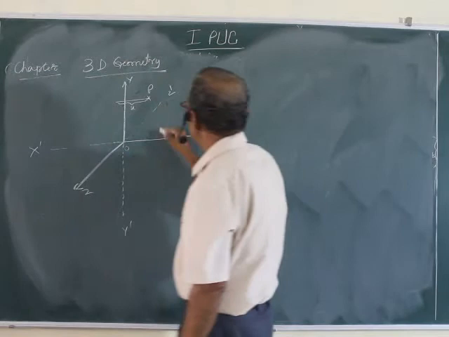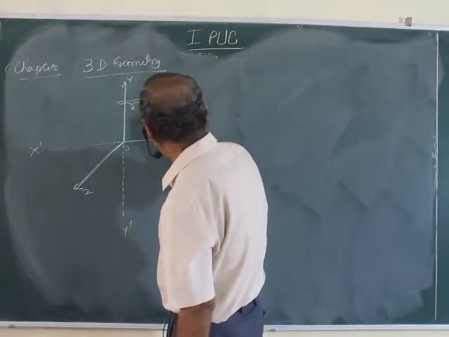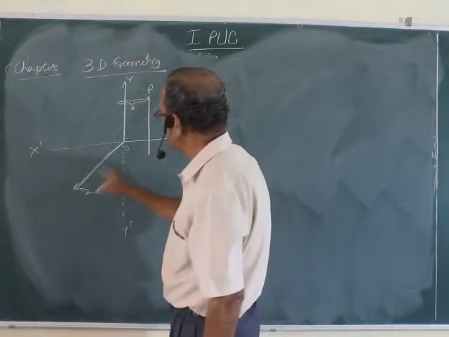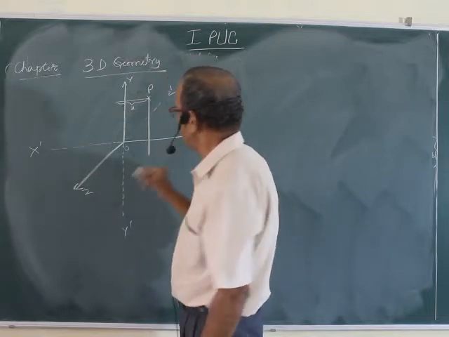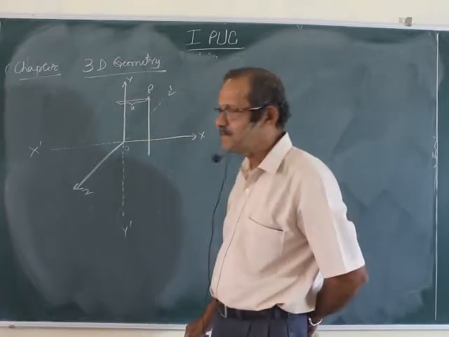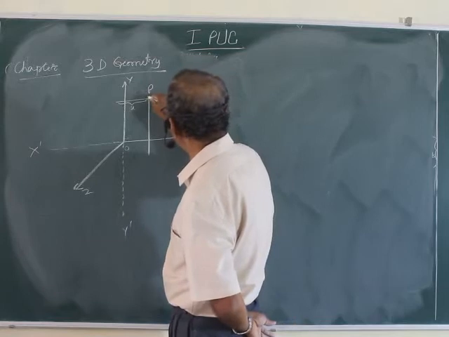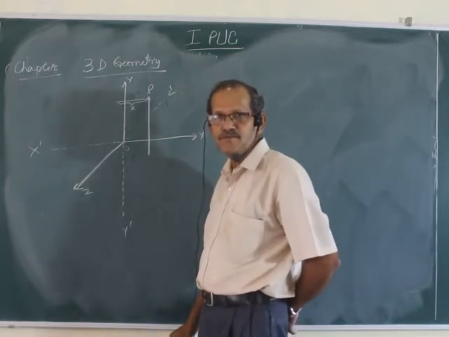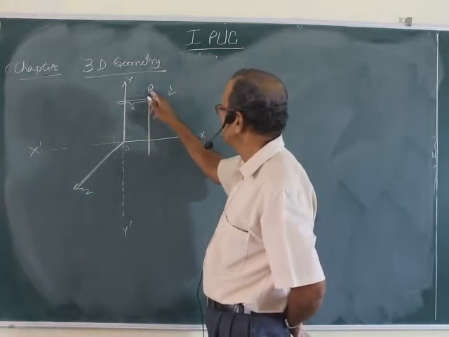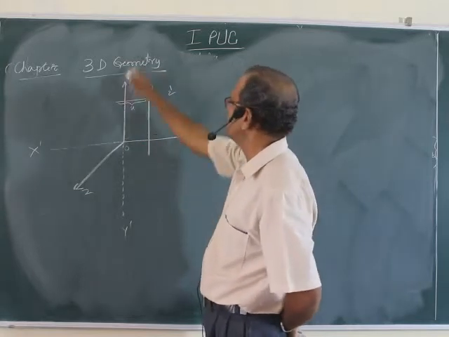Next, the y coordinate is the distance of the same point from the XZ plane, from the ground. This is the ground. Just imagine it is the ground. And finally, the distance of the same point from the XY plane.